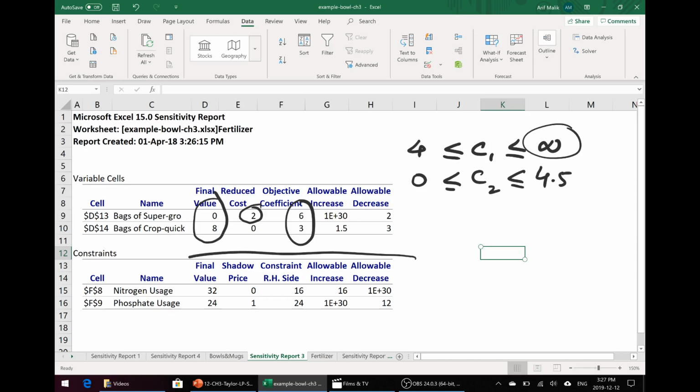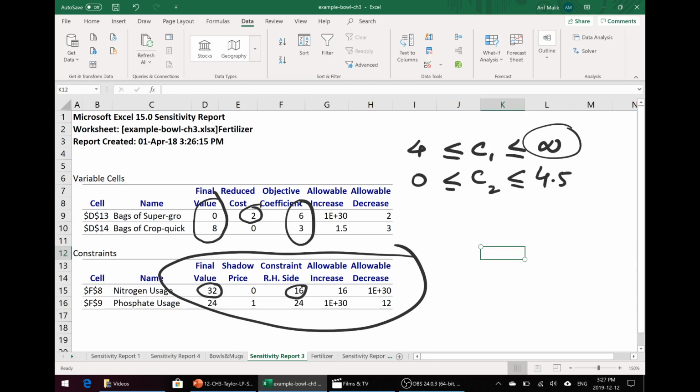Let's look at the second table, which shows the shadow price, the constraints right hand side, and the final value. We can see from there that there is a surplus, where the right hand side was 16 nitrogen usage, and the final value is now 32, which means that we have some surplus there.